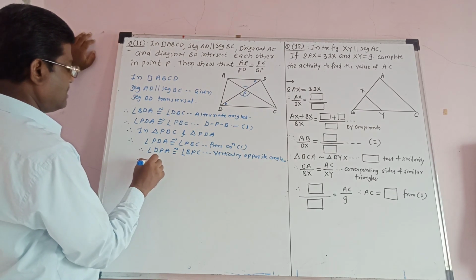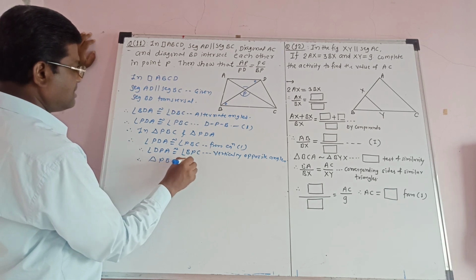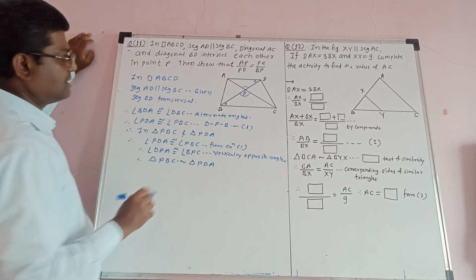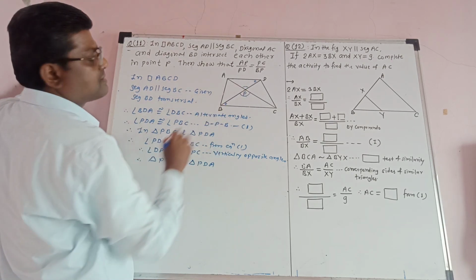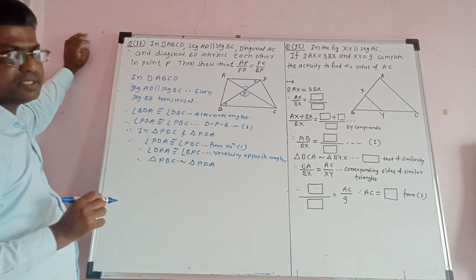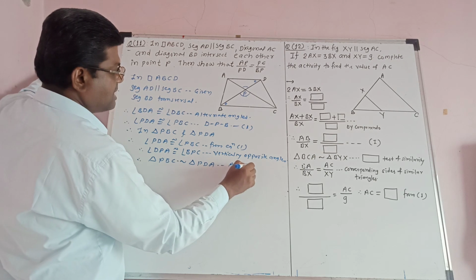Therefore triangle PBC is similar to triangle PDA. These two angles are congruent and these two angles are congruent. This is due to the test of similarity.